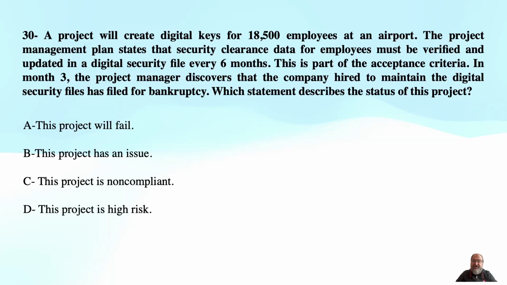Option Charlie is not directly related to the issue at hand. The project's non-compliance will depend on whether the project can still meet its acceptance criteria despite the issue with the security file maintenance.